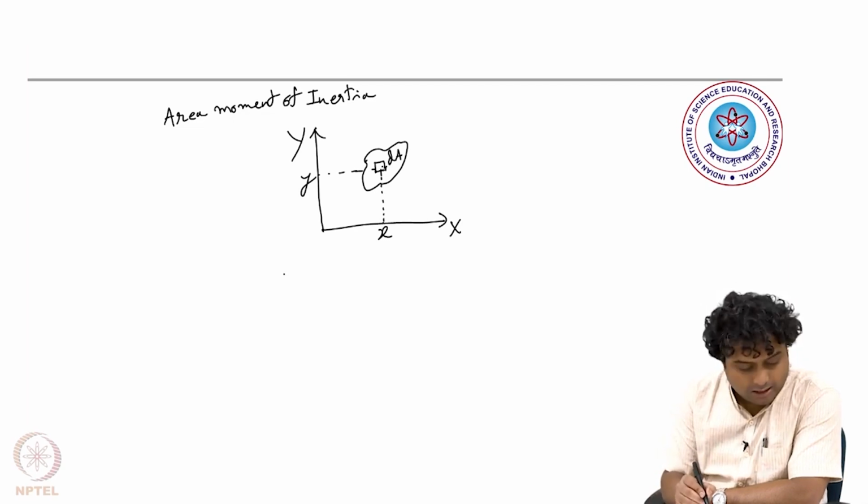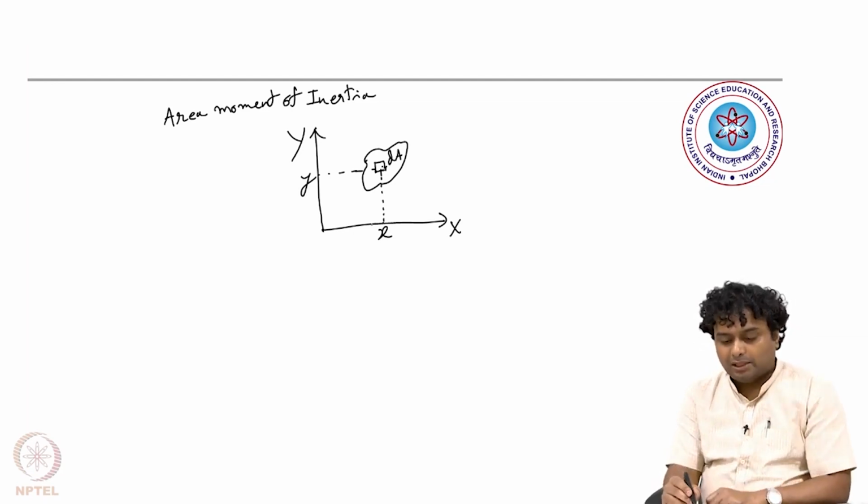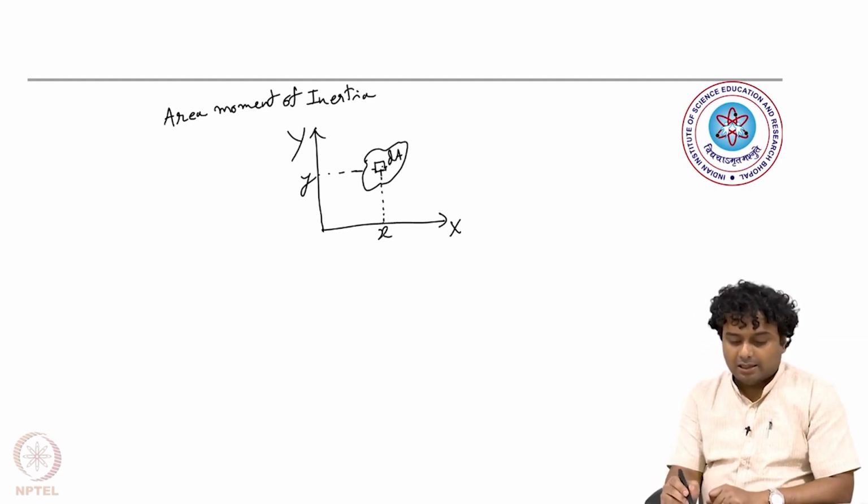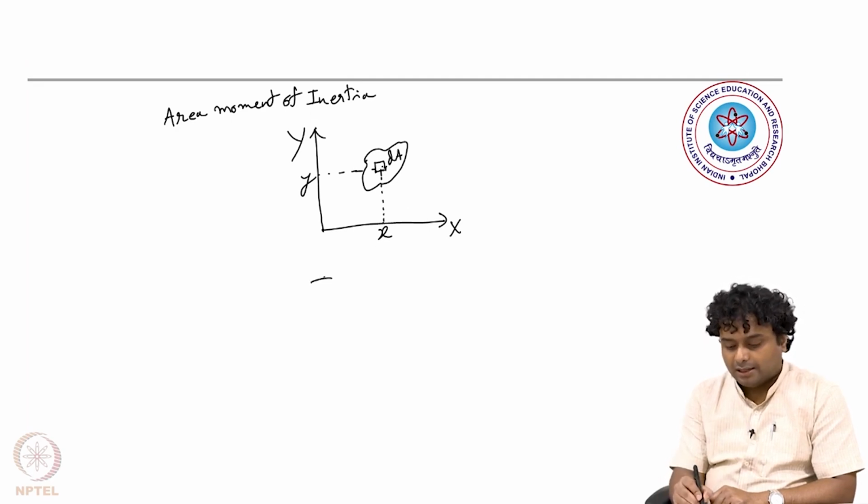Now, area moment of inertia is defined as, what is the moment? Moment is how far the area is from some axis, and let us say if we are calculating the moment of inertia with respect to the x axis, then from the x axis it is at a distance of y, right. So, Ix is defined as the area integral of y square.